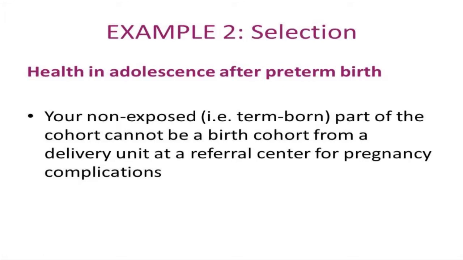But Karolinska is a tertiary referral center for pregnancy complications, which means that among my term-born infants, I would select persons that are not truly representative of term-borns in the society in general. Are you following? Yes. This is basic, but yet you see errors all the time when you're reading the literature, actually.